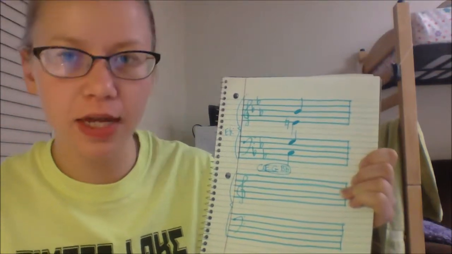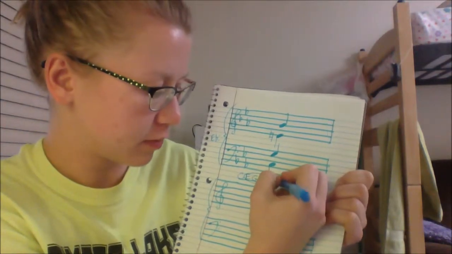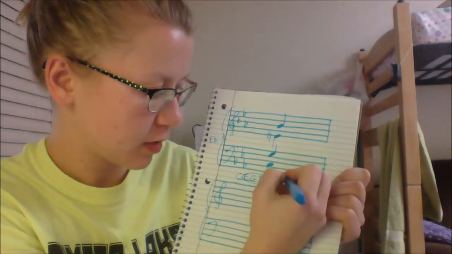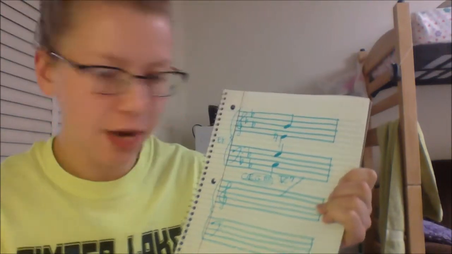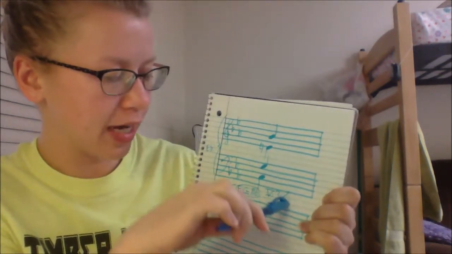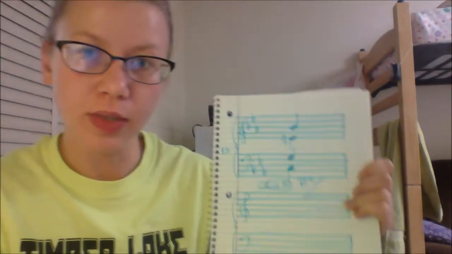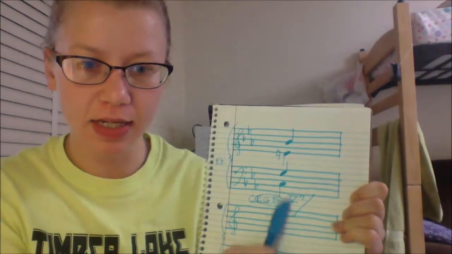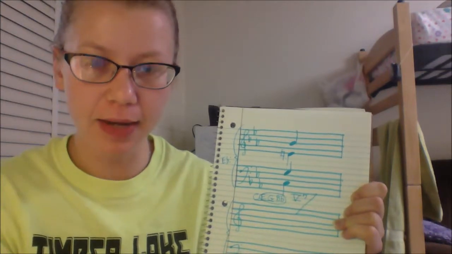So we know that this is a 5/7 of something. Now we just have to figure out what of something it is. So in order to do that, we look at the root of the chord, which is C, and we think to ourselves, in what key is C the fifth? Okay?